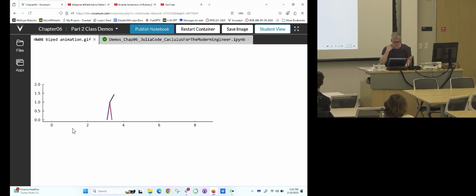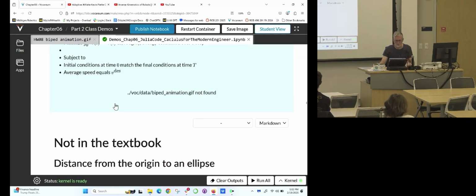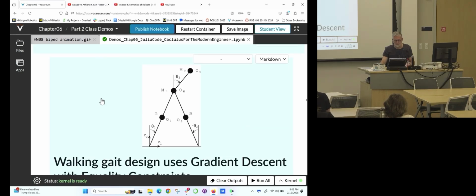Okay, so the question is, what are the things you would like to accomplish when you are designing this type of a gait for the robot? Well, the motor torques are drawing current from your battery.